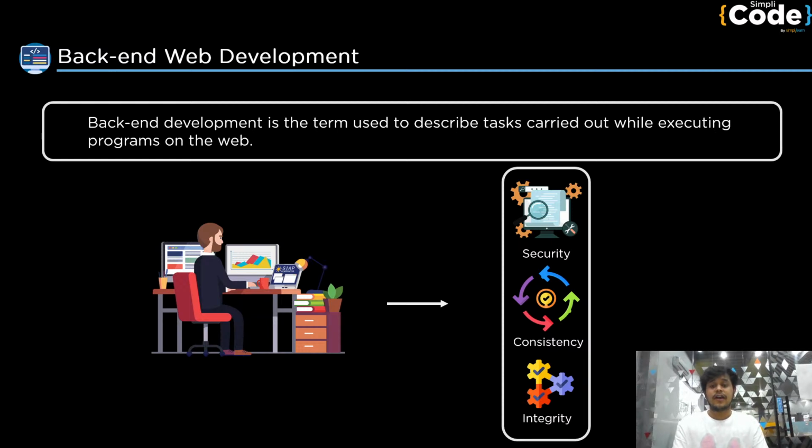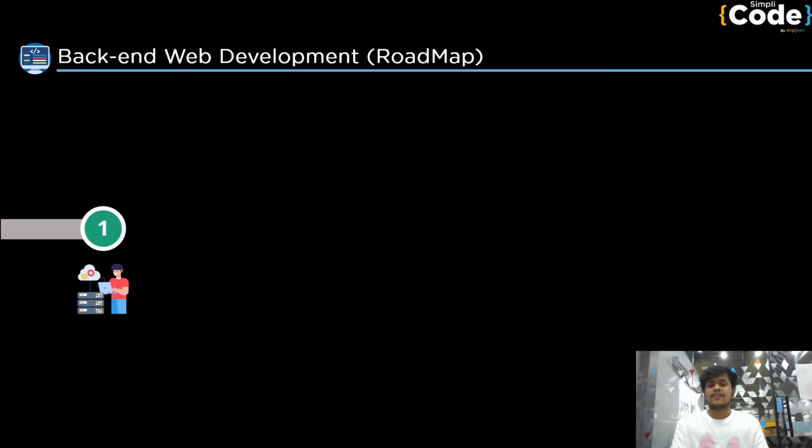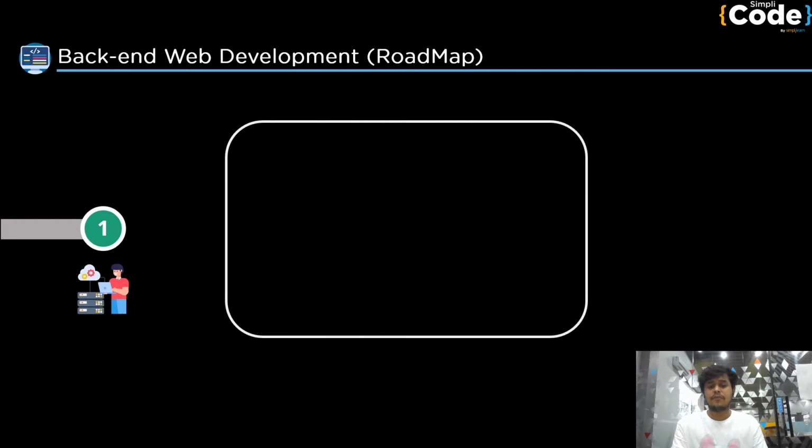The skills required in back-end web development differ from what we come across in front-end web development. The first step to understanding the backend is understanding the concept of a web server. The web server manages websites and responds to user requests by storing and processing online pages.